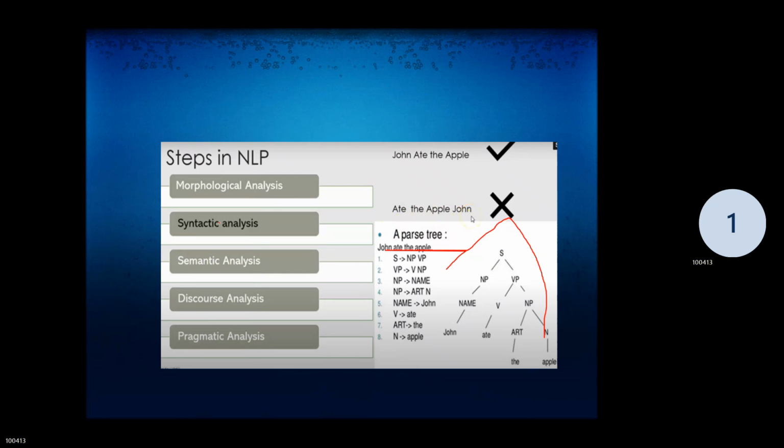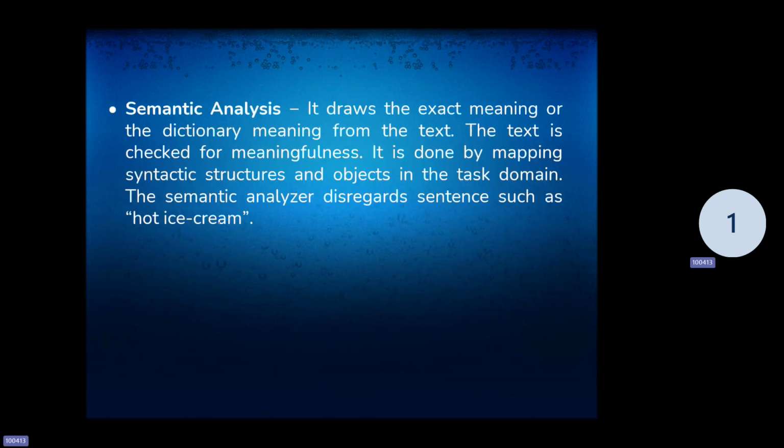"John ate the hot ice cream" also has the correct English structure, right? Proper noun, proper verb, and so on. But what is the meaning? Semantic analysis rejects "John ate hot ice cream" because ice cream is not hot at all.